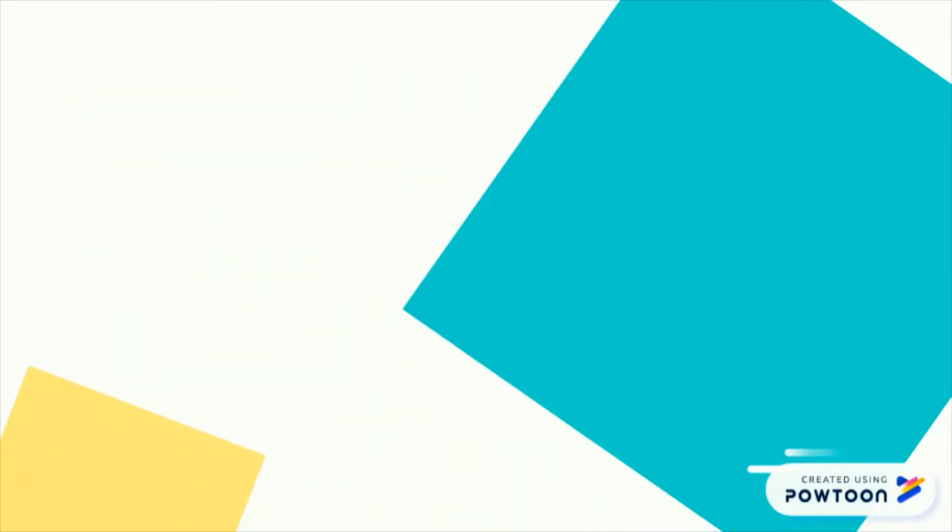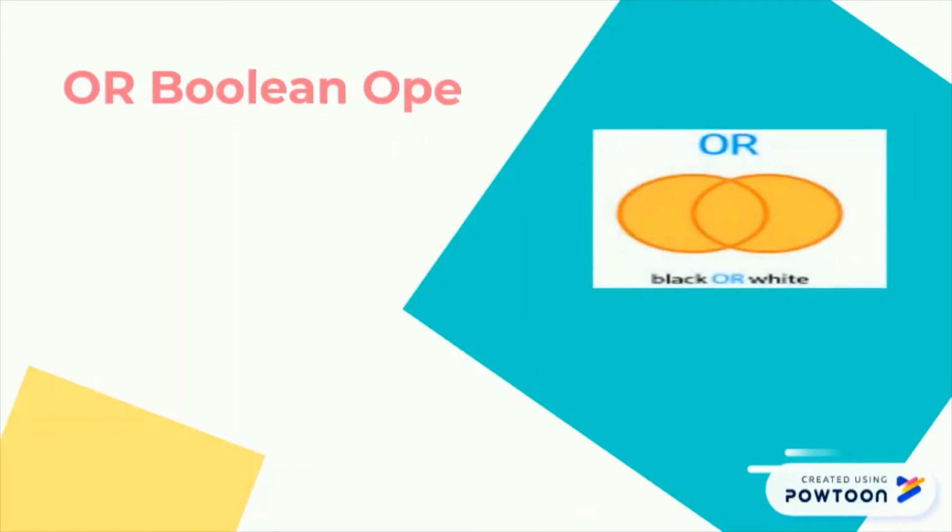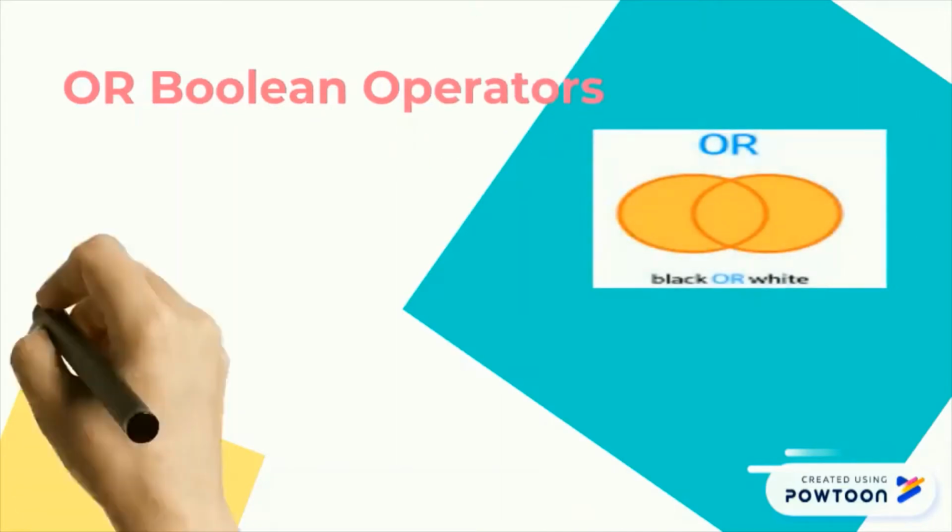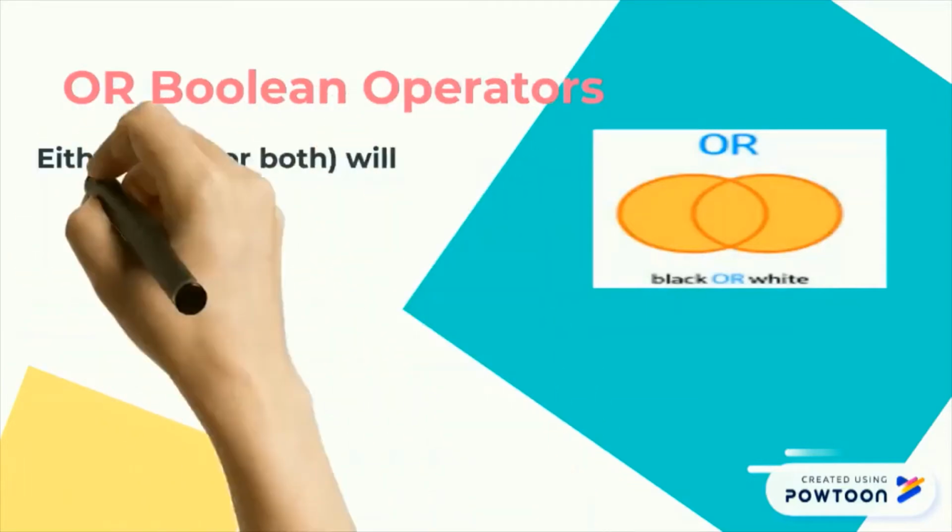The OR Boolean operator is used to find articles that mention either of the topics you search for. If you enter, for example, black or white, it includes all the articles on black and all the articles on white.